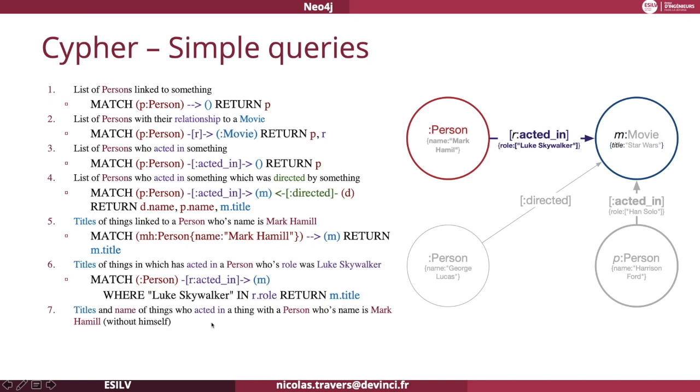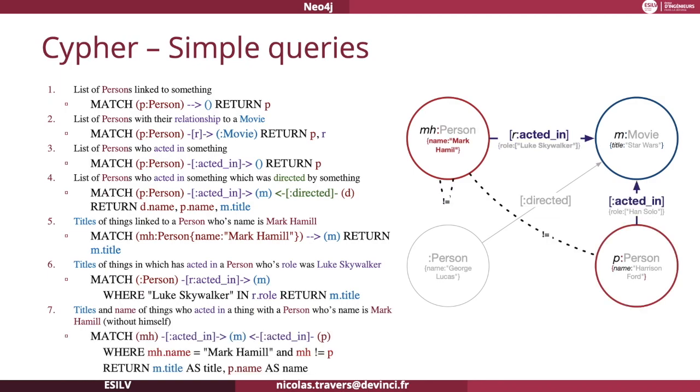For the last one, we want the titles and names of things who acted in a thing with a person whose name is Mark Hamill, without himself, of course. So we want a match between something, which is Mark Hamill, who has acted in something, with a person who also acted in this thing, and we want p to be different from mh.